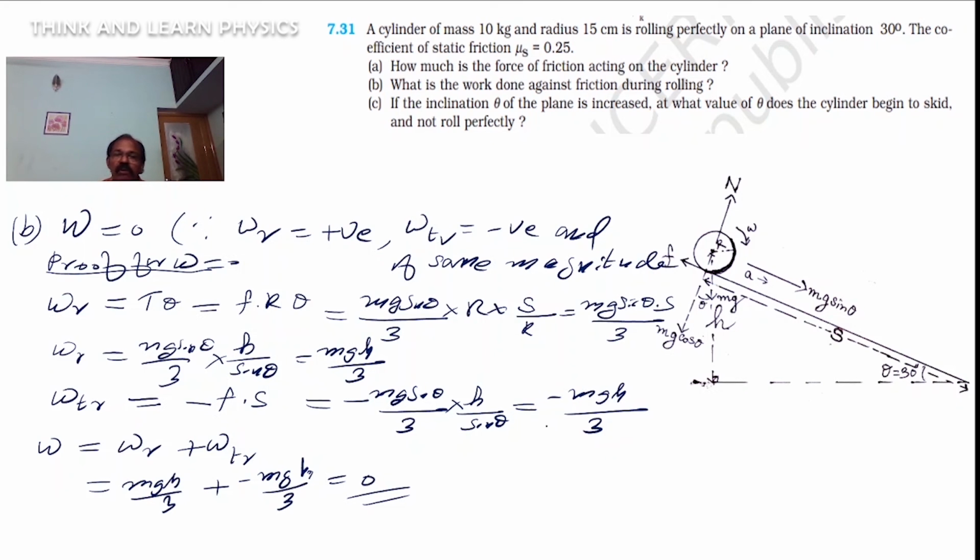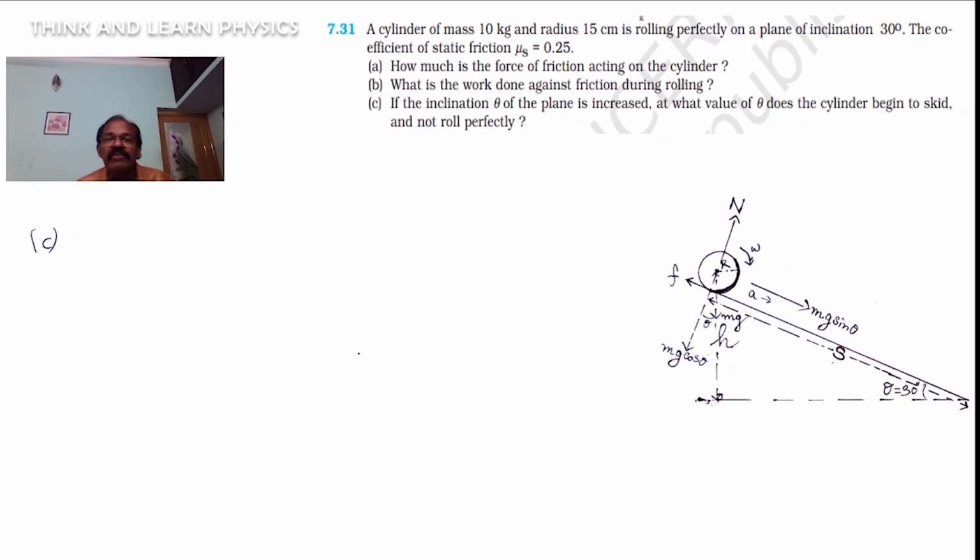Now let us do C part. If the inclination theta of the plane is increased, at what value of theta does the cylinder begin to skid and not roll perfectly? The cylinder begins to skid without rolling perfectly if the force of friction is equal to the maximum value of static friction.